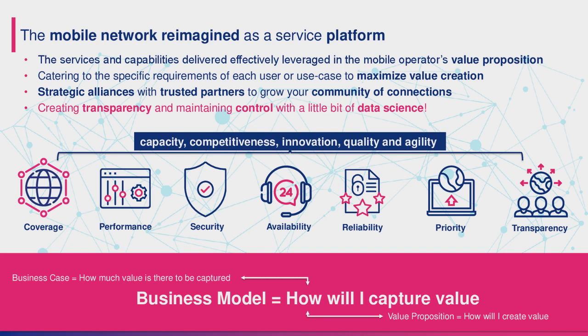Same thing for availability, reliability, and priority. The point is, when you take all the different elements of the mobile network that users value, you see that what you really have is a platform that can possibly be better monetized by making the most out of each of these individual elements, and seeing how best you can create value from them. So catering to the specific requirements of users, and in this case, different types of users.